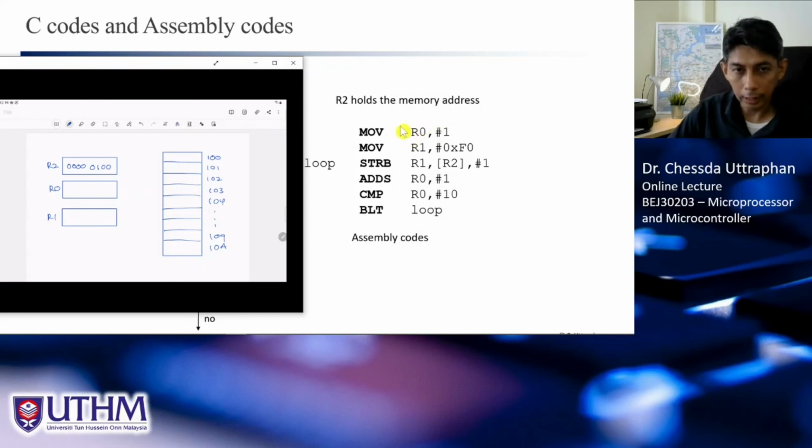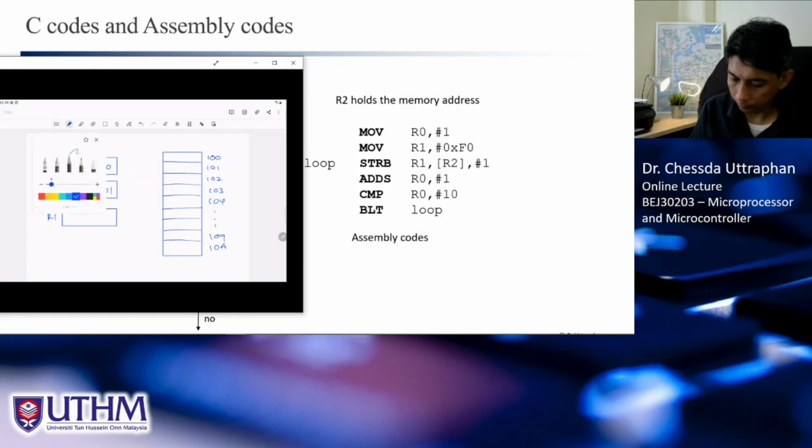Okay, so let's see when we execute this program. We move 1 to R0, so our R0 will have 1.